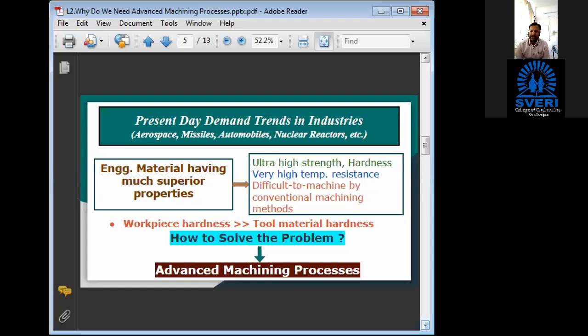It becomes very difficult to machine them by conventional machining processes, because in conventional machining our tool should be harder than the workpiece. That is the basic condition.